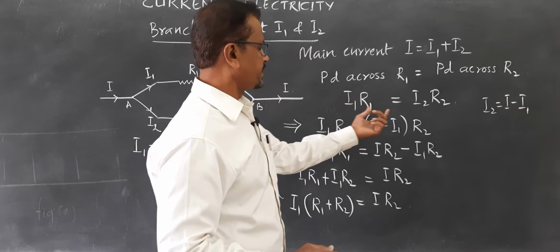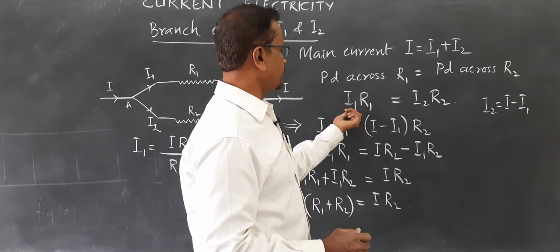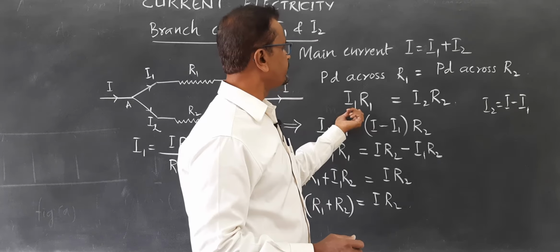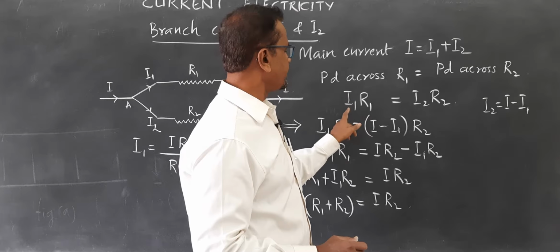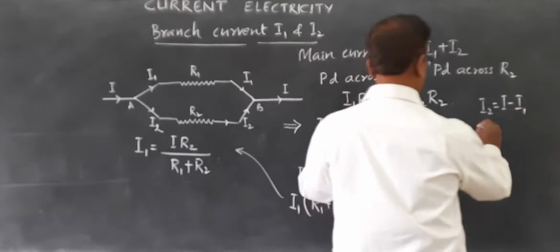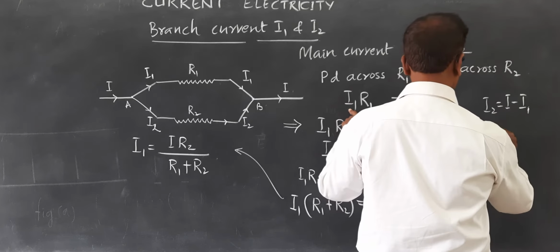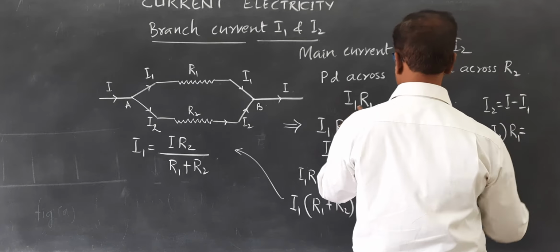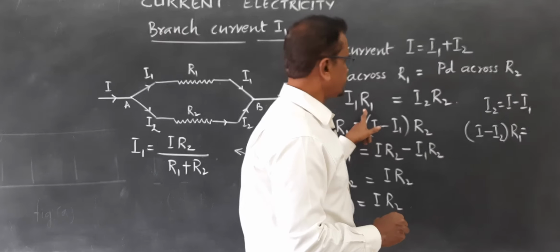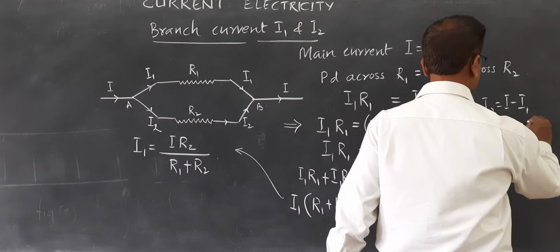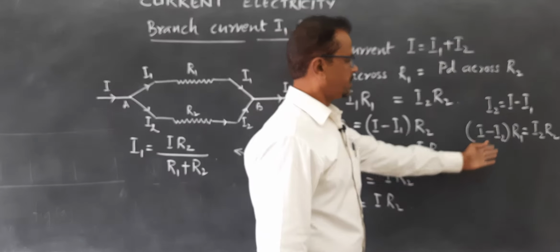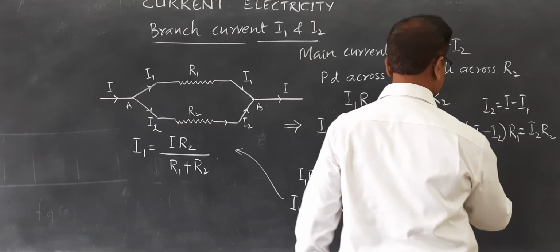If I want to find out I2, I1 can be eliminated. If you eliminate I1, what are you left with? You are getting I minus I2 here. (I minus I2) into R1 is equal to I2 R2. Now simplify this.